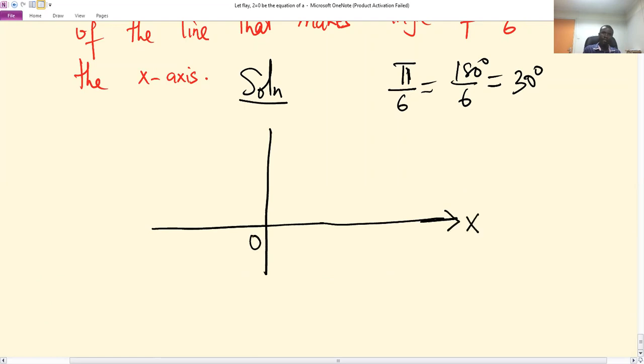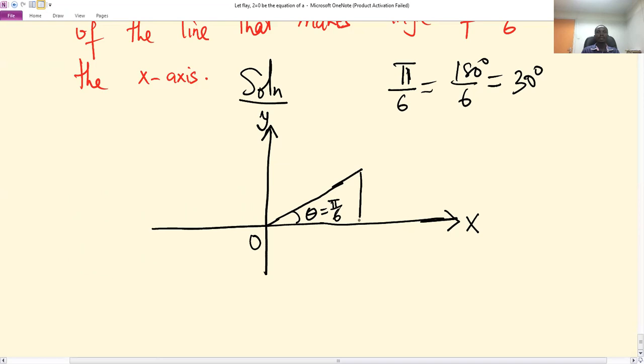This is the x-axis, this is the y-axis, and I have this angle to be theta, which is pi over 6.